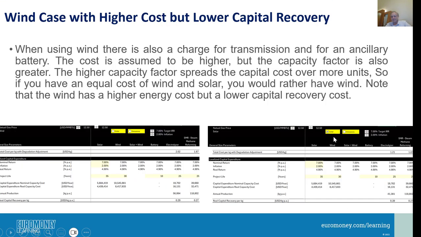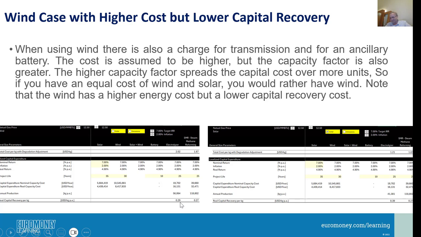And then I put a little flag here for solar or not solar. With solar, we've got a lower capacity factor, so we have to recover more capacity cost per kilogram. If we have a 40%, 45% capacity factor, this is lower. So the energy cost from wind might be higher, but overall, maybe we can make it work with wind.